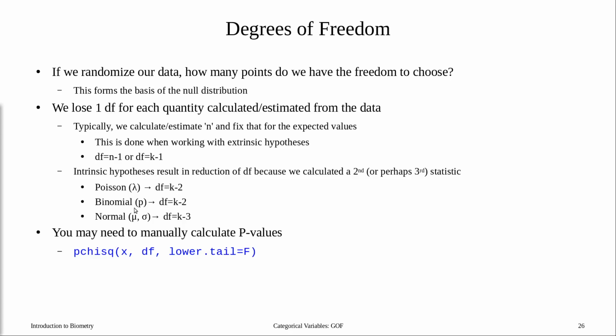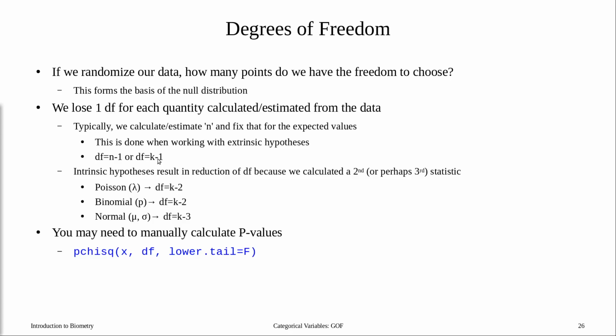So how do we adjust it? Well, the adjustment is that we lose 1 degree of freedom for everything that we estimate from our data. Our default is the sample size minus 1, so n minus 1, or the number of categories minus 1. And that's because we're going to fix our total count.